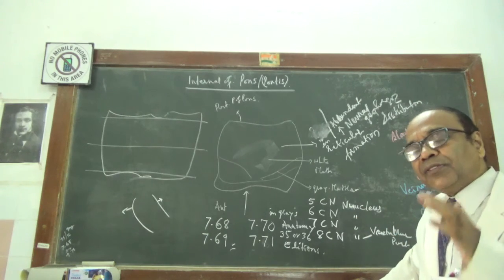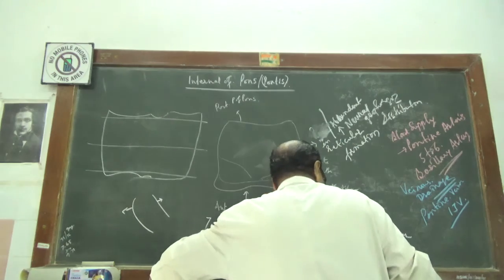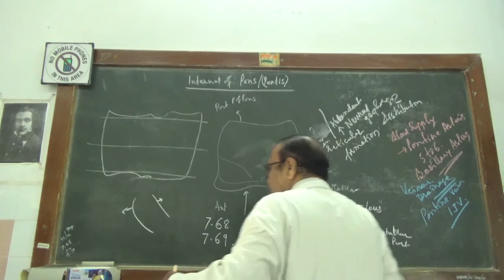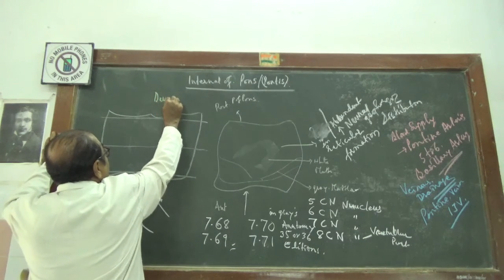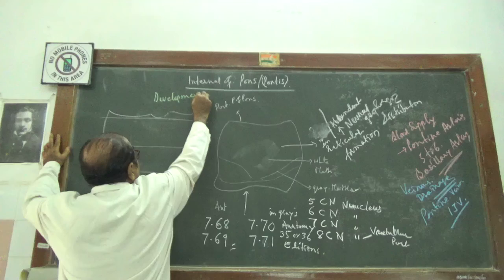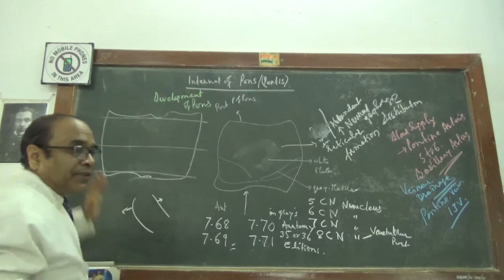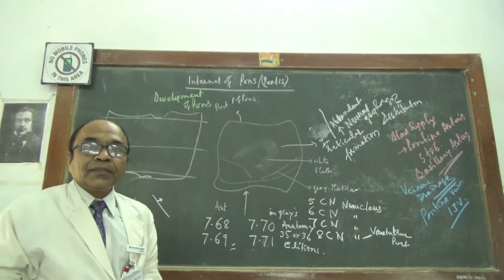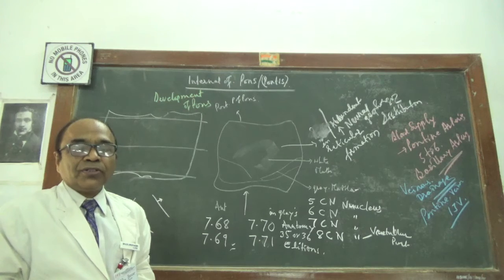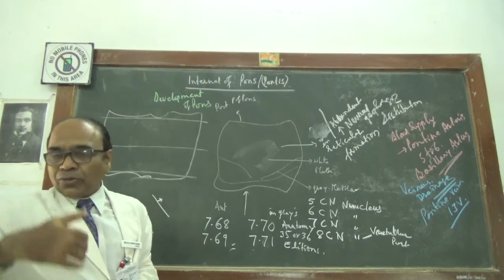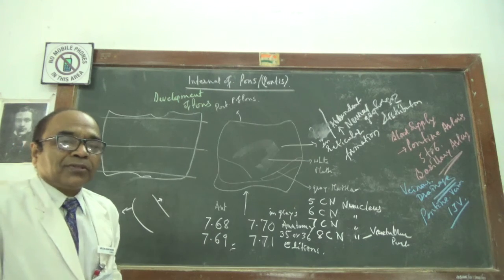Now after having had these things, you have to go to the development. The development of the pons is by the posterior lower part of the neural tube, which in turn forms the cerebral vesicles.